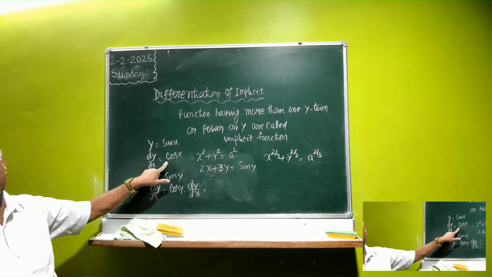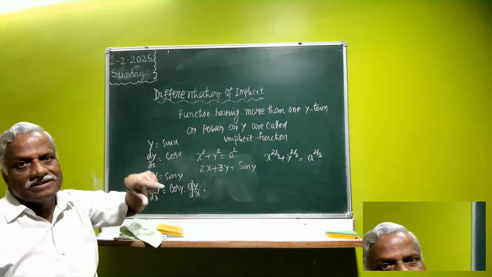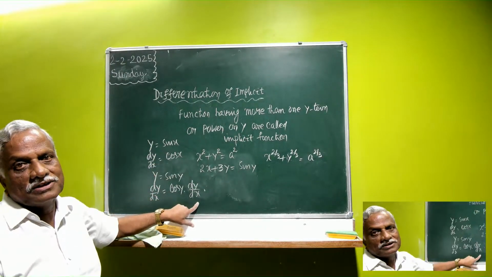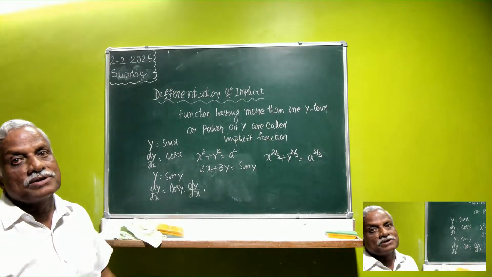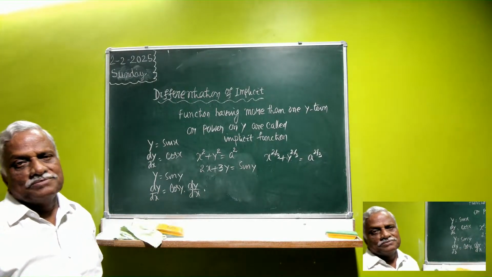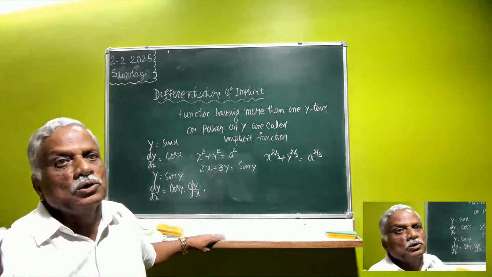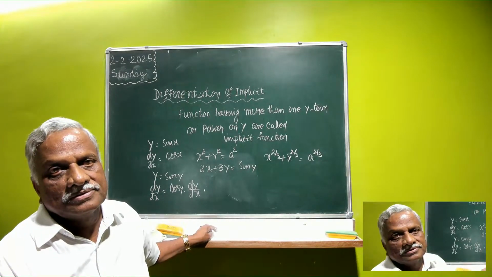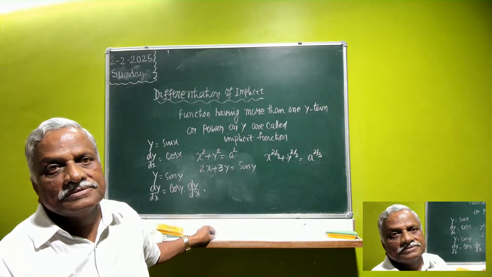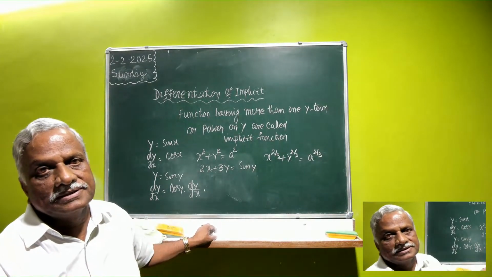Here we have just written cos x. Here we are writing one more extra. You should understand why that extra term comes. I'm just explaining in a way that you can follow. A simple way for understanding purpose.